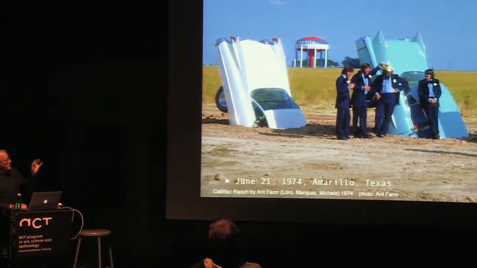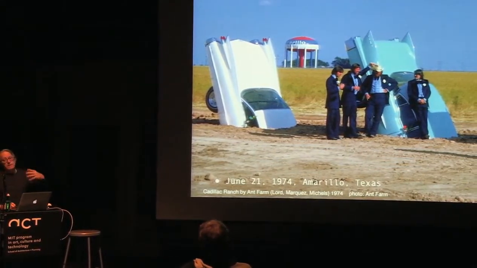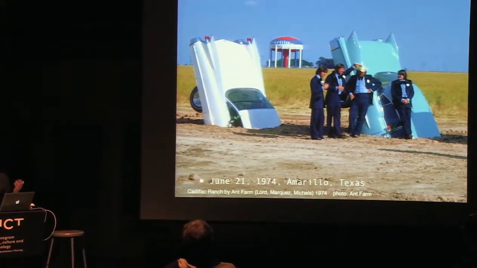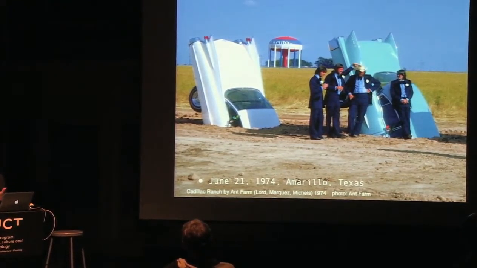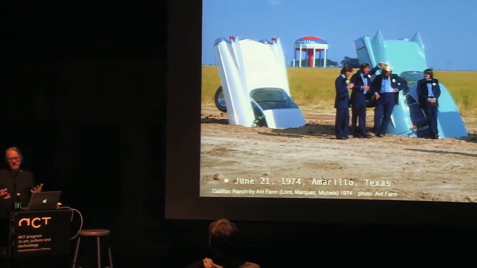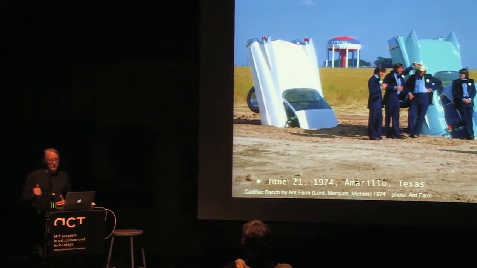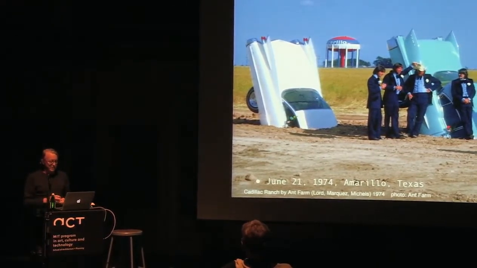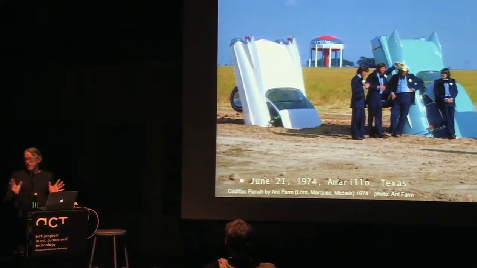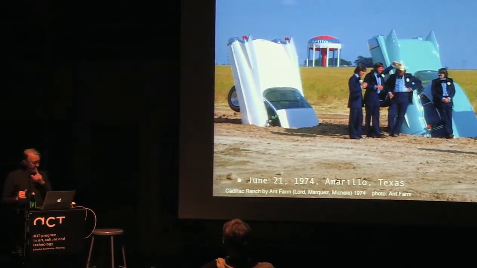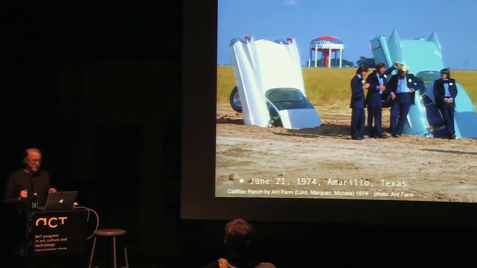So the Cadillac Ranch was really an example of a collective creative process that we arrived at, translating a diagram, actually an advertising diagram that Cadillac put out in the 50s to emphasize the tail fin as a design feature. It was a matter of translating that into 3 dimensions.